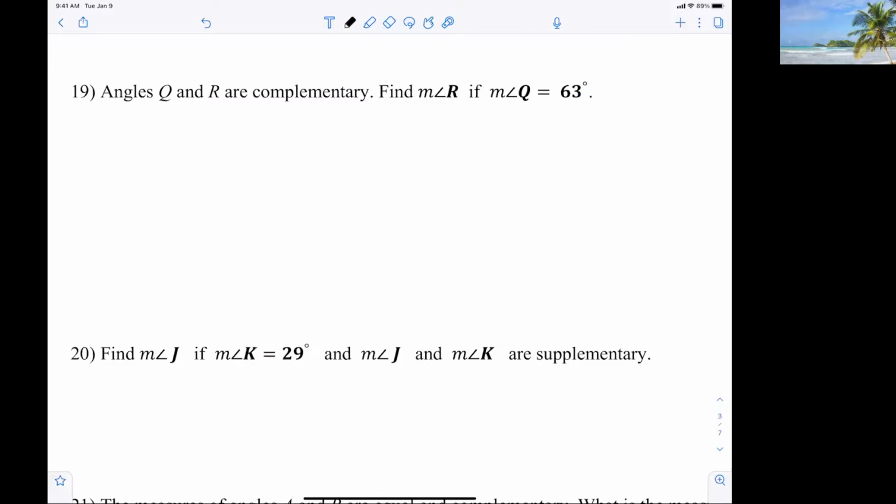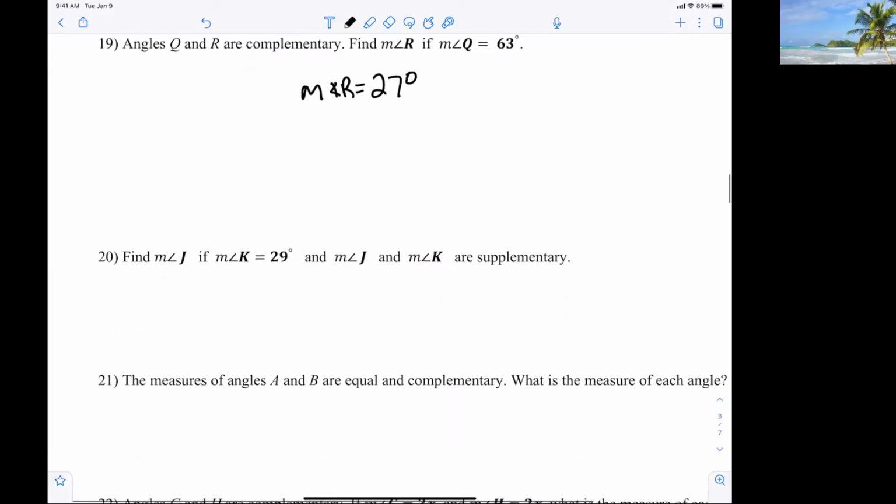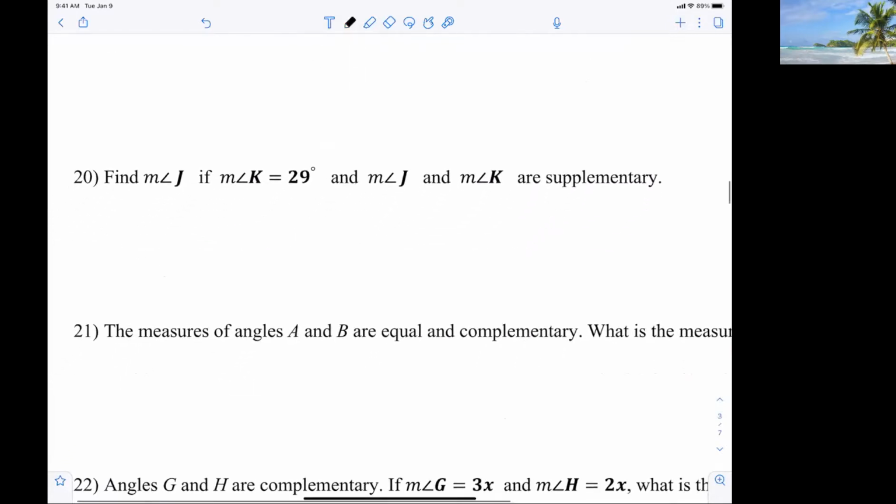Yes, 27 degrees. Measure of angle R equals 27 degrees. Jolie, read the next one. Now that M stands for measure. M stands for measure.